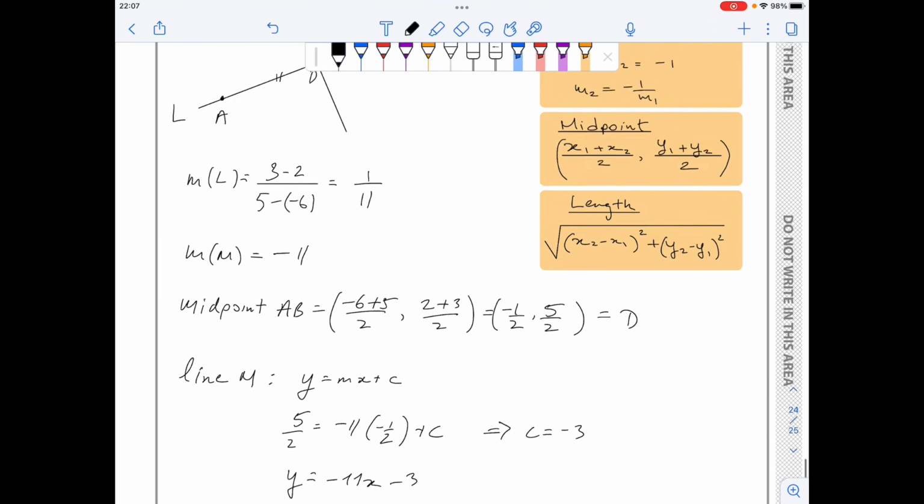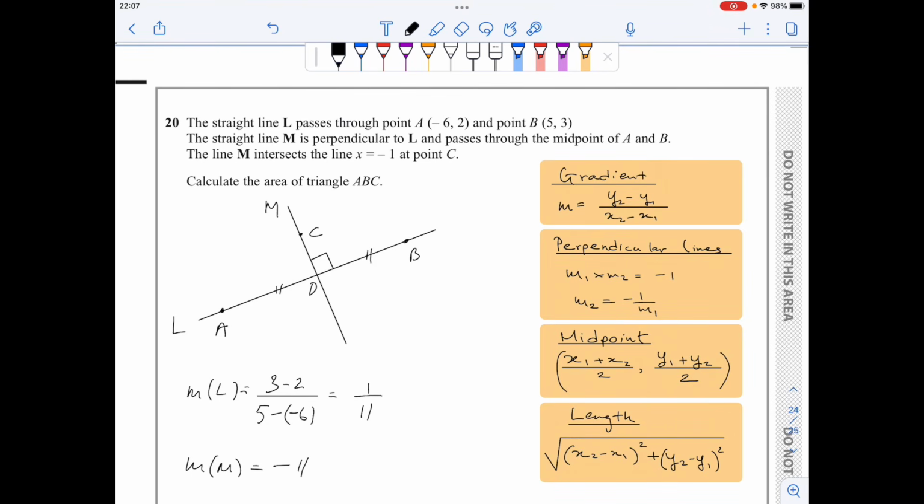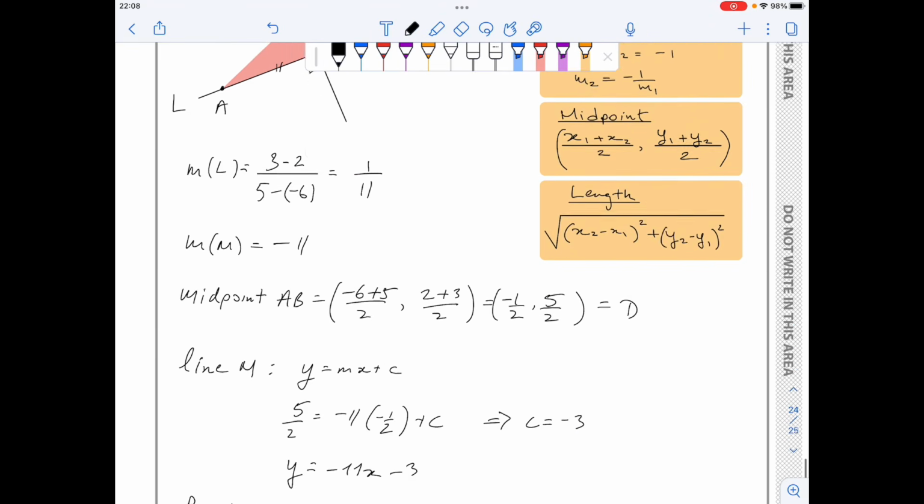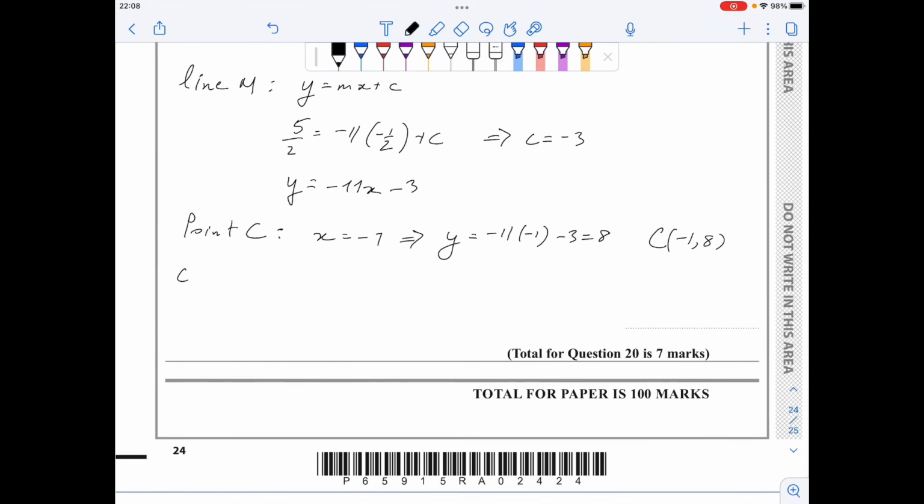So to find the area of triangle ABC, let's first construct this triangle. Now the height of this triangle is CD and the base is AB. I know all the points, so I can use this formula twice to find base and height. So let's do so. CD is equal to the square root of minus 1 minus minus a half, so that's plus a half squared, plus 8 minus 5 over 2 squared.